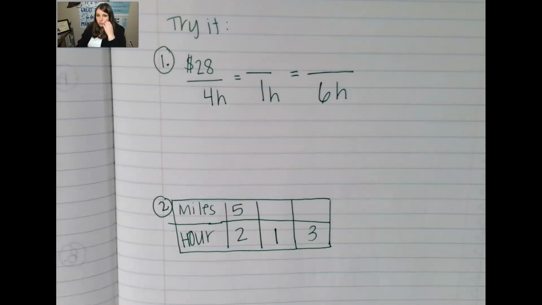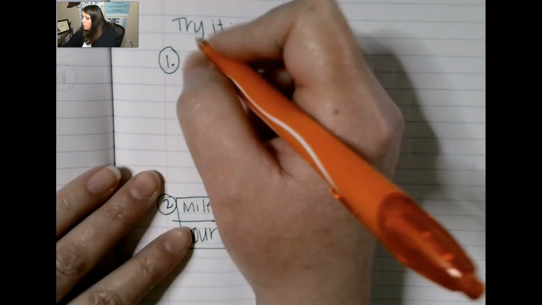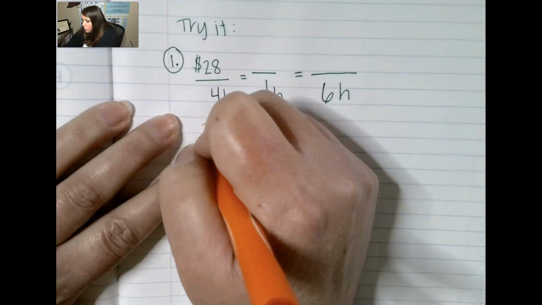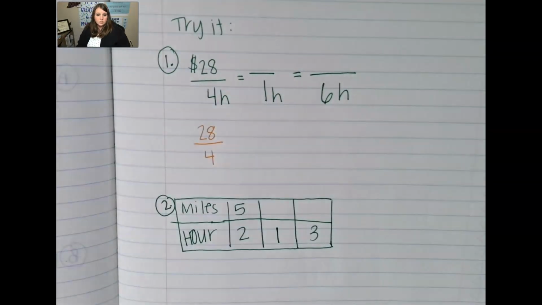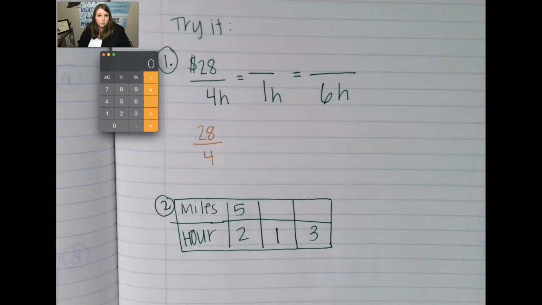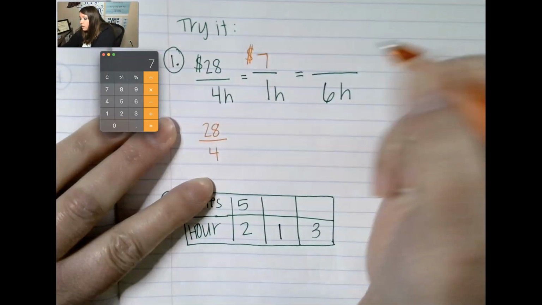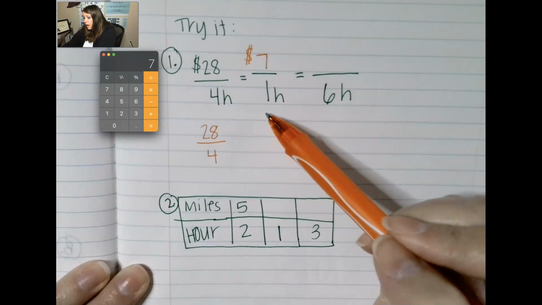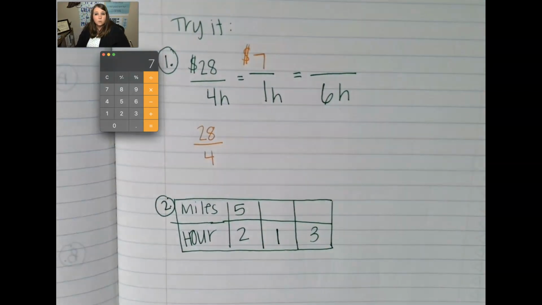Okay, so the first one, I'm going to just divide 28 divided by 4. We're going to use our calculator, and then we're going to multiply forward with this. This gives us $7 in 1 hour. So if I do $7 per hour, how much in 6 hours?